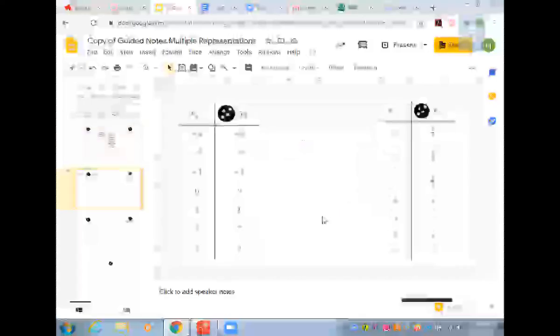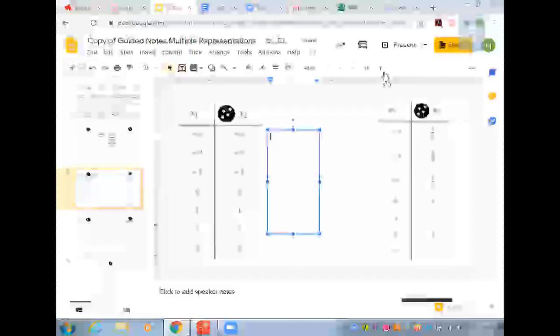Okay, let's go on to another set on the next slide. Looking at the table on the left, any patterns there that might indicate what type of function it is?